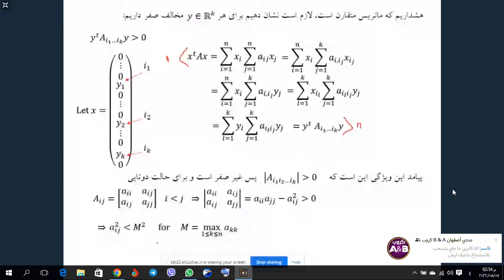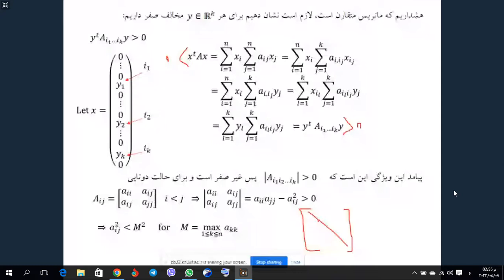If aij power 2 is less than m power 2, where m is the maximum akk for k from 1 to n, that means m is the maximum entry in the original diagonal.